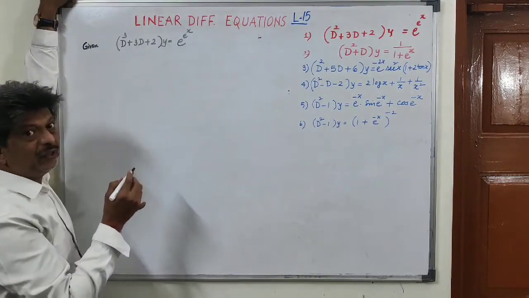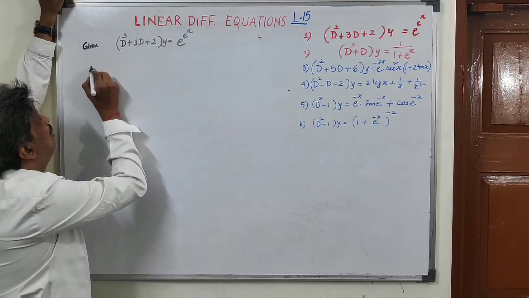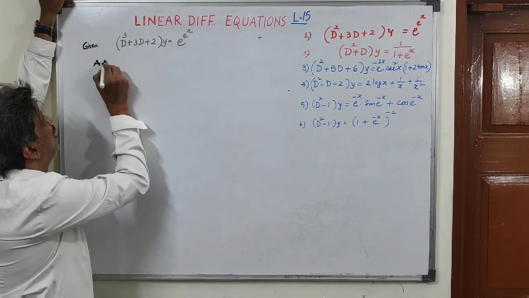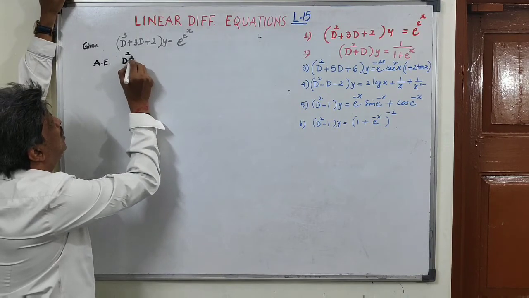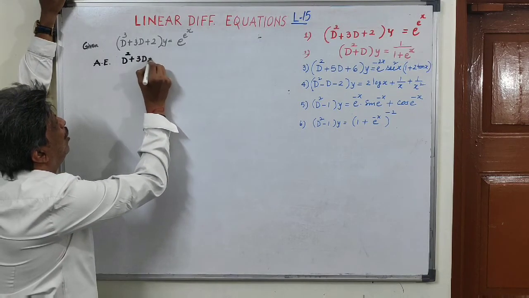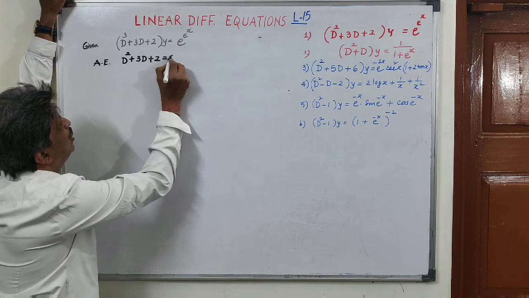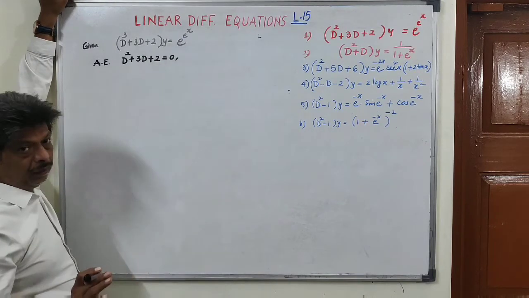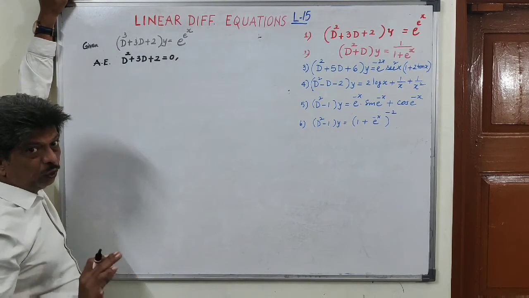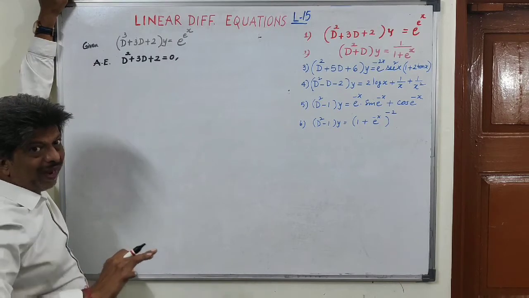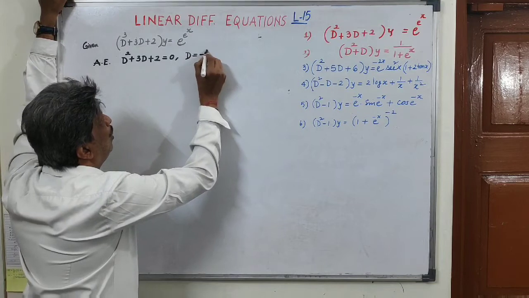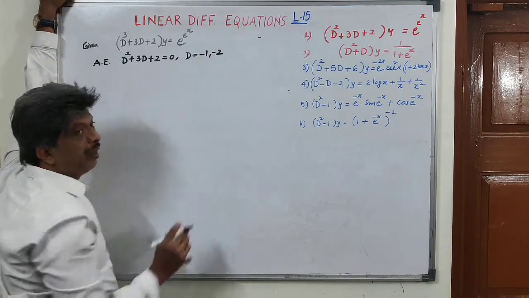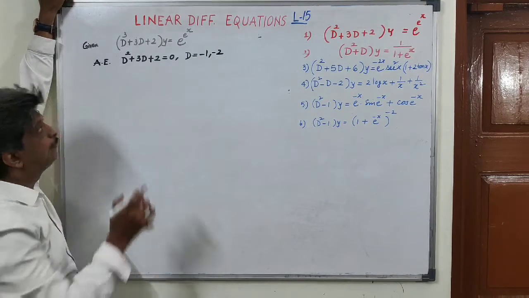What is the auxiliary equation over here? The auxiliary equation is D square plus 3D plus 2 equal to 0. This simple quadratic equation gives me the two distinct roots, D equal to -1, -2, two real and distinct roots.